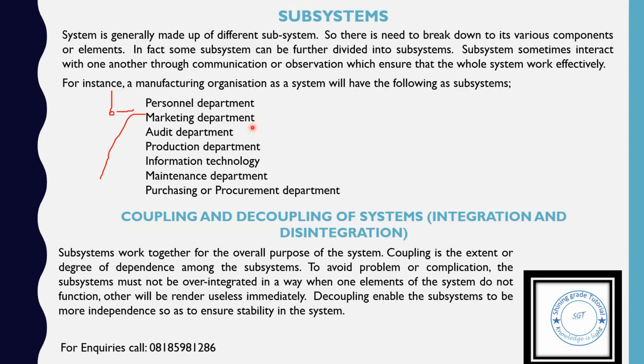In the production department, as a subsystem, there can be other subsystems under it. You can have a machine operation control subsystem, a work admin subsystem, a power supply subsystem, and things like that. So it's very important that a subsystem of a system can also have its own subsystems, its own component parts, and all of them work for the proper functioning of the system.